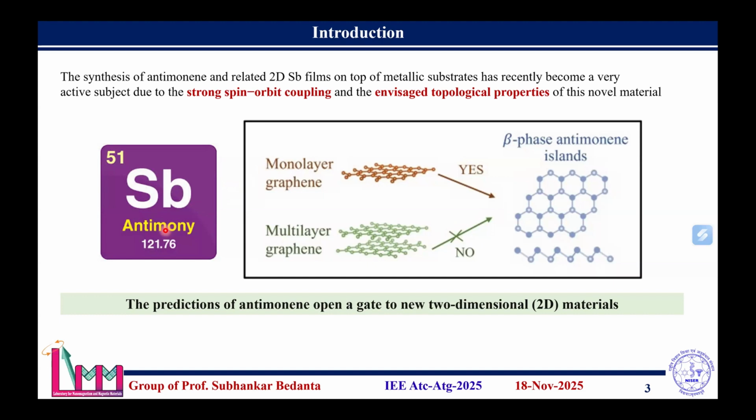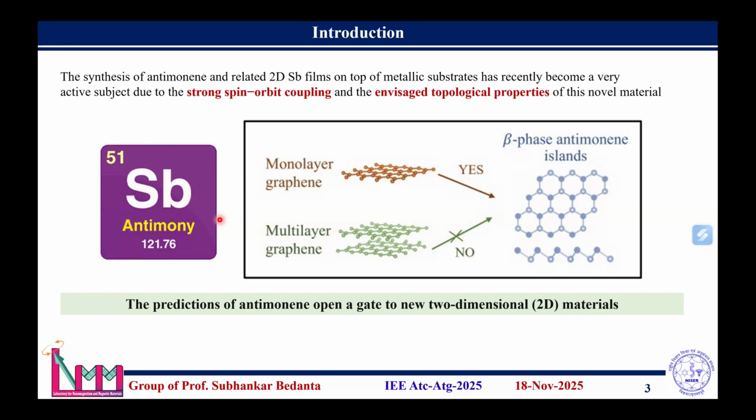It opened up really interesting scenarios to take advantage of strong spin orbit coupling as well as the topological properties and different topological behavior which antimony shows when it is thinned down to a 2D layer.